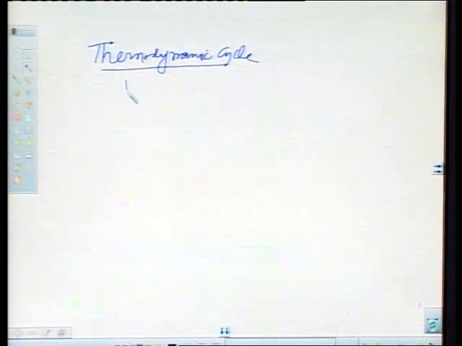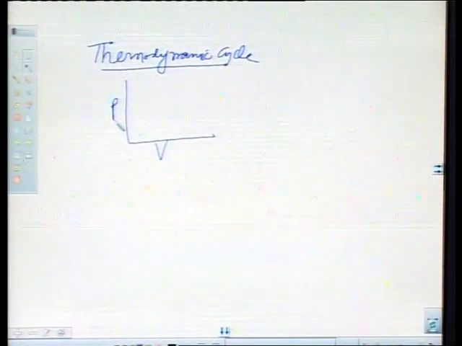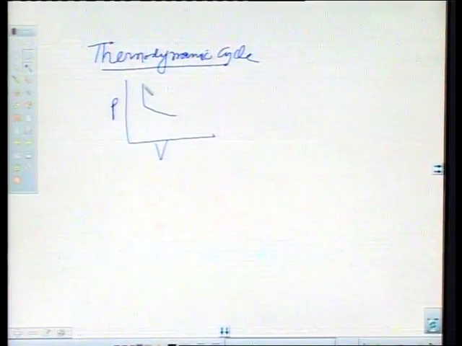Let us have a PV graph, pressure and volume. Now, I will draw the first point, second point, third point, fourth point, and then again the first point.